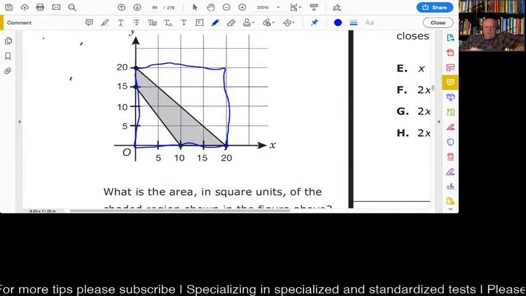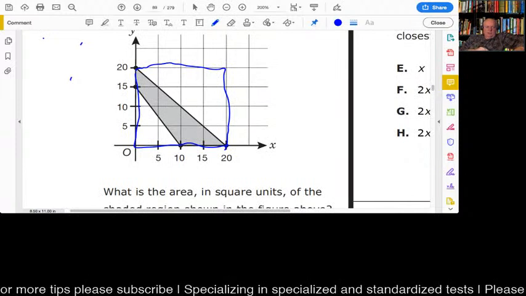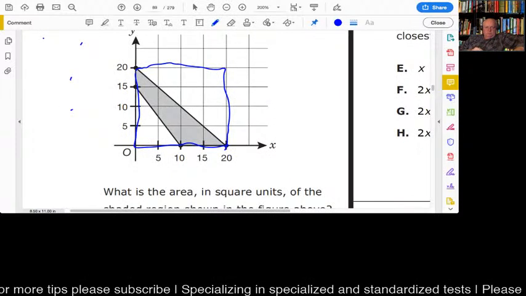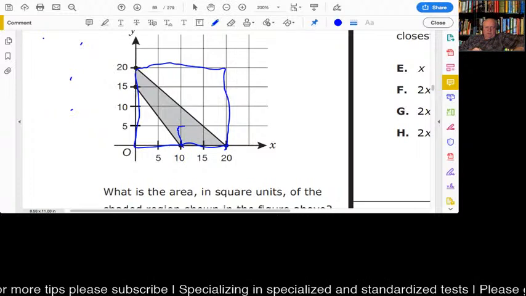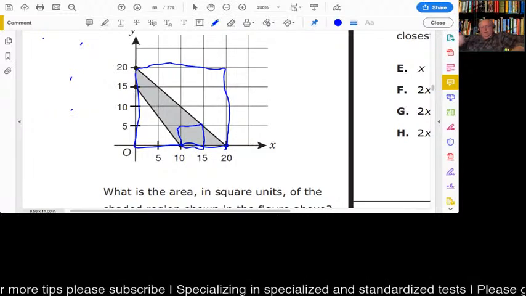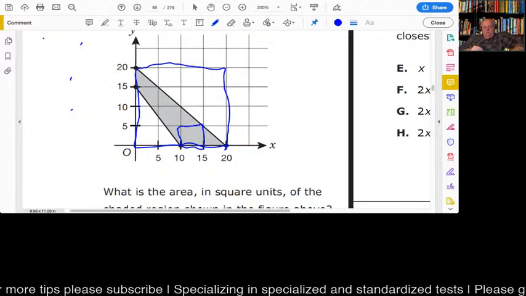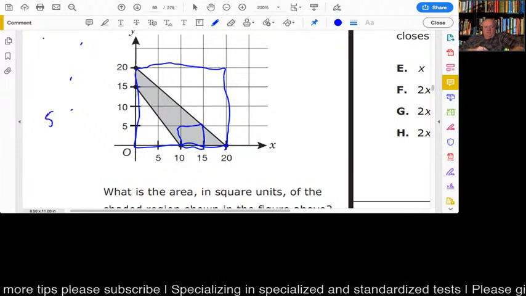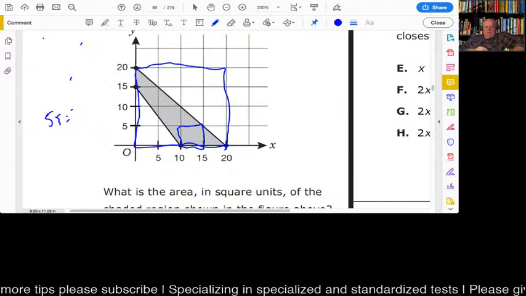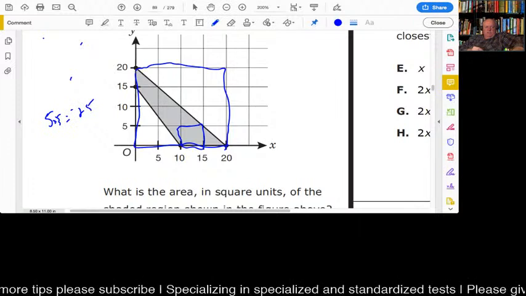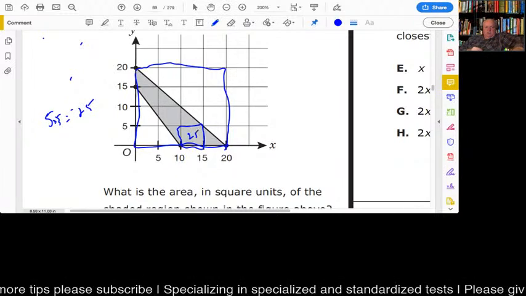Okay, each square in here, this is a 5 by 5, right? So 5 by 5 is 25. So this is 25 here.